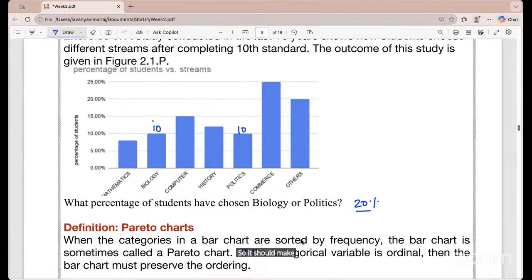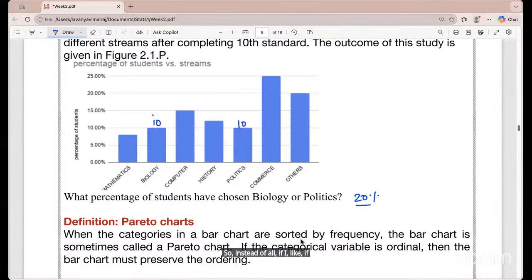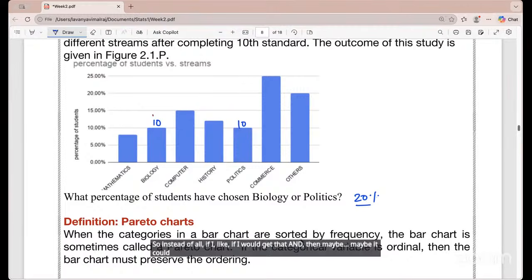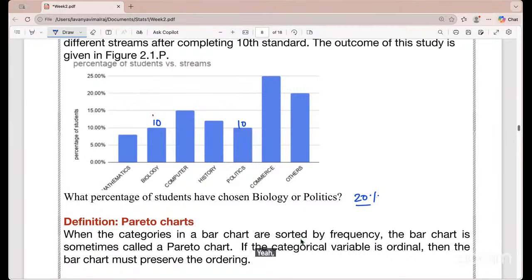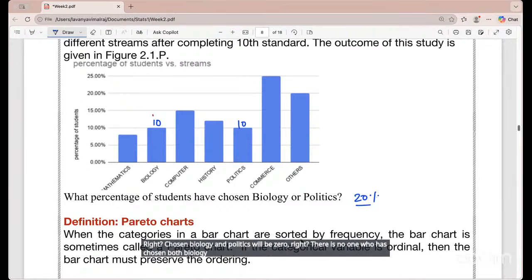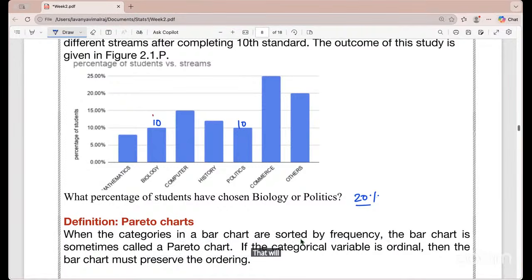Instead of "or", if I would get "and", then it would be different. Then it would be intersection, and multiplication is the rule for intersection, right? Chosen biology and politics will be 0, right? There is no one who has chosen both biology and politics. That will become 0, right?